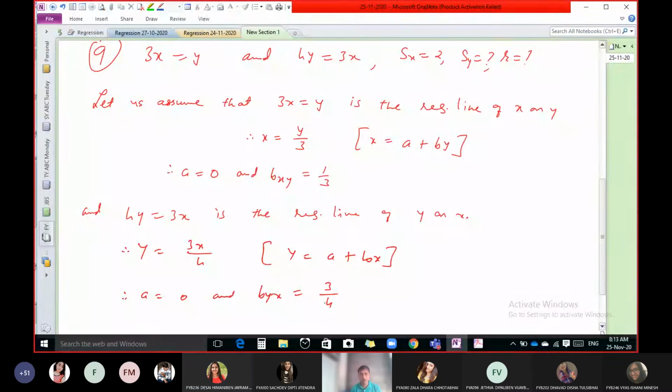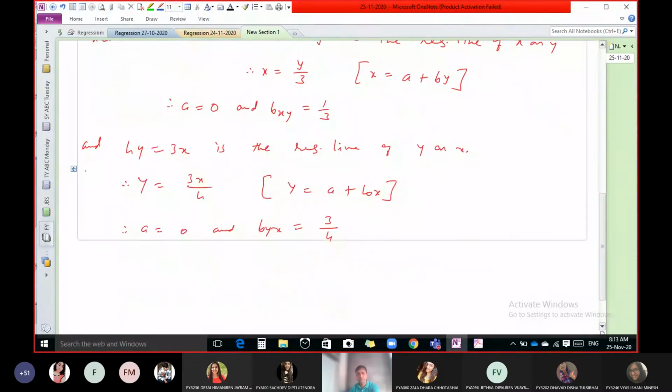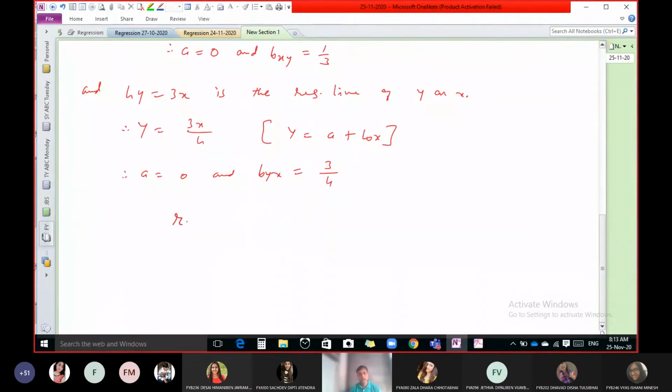So now we have bxy and byx. And we know the formula of r. r equal to root of bxy into byx. So what is bxy?